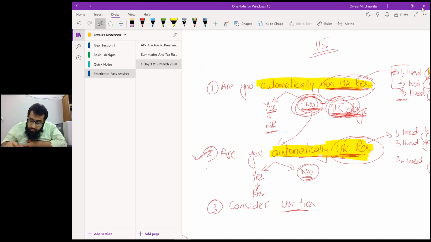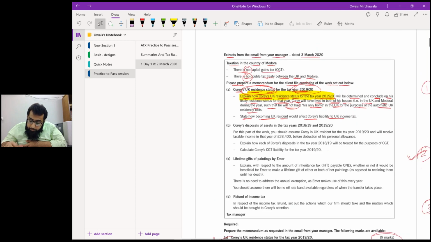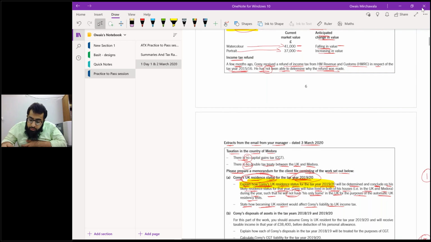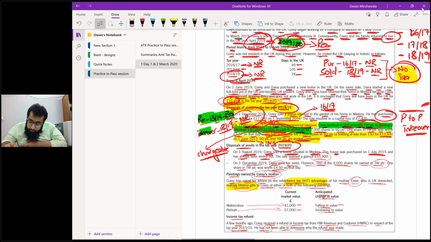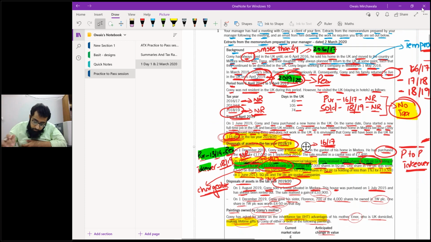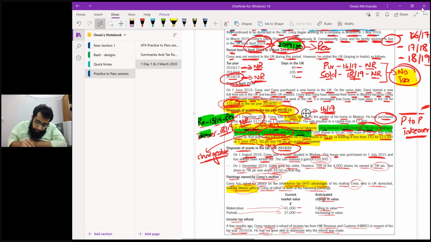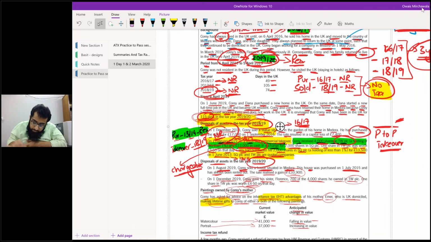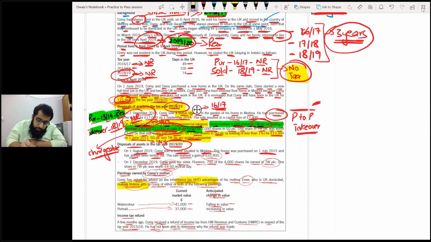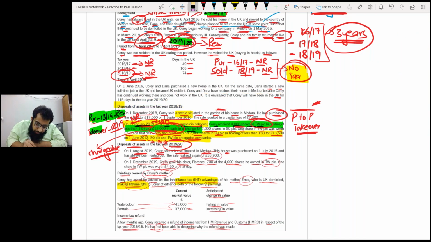and look at the situation of Corey. Now, what is the situation of Corey? Just let me clean this screen a bit. Now, on 1st June 2019, Corey and Dana purchased a new home in UK, which means they have accommodation in UK.